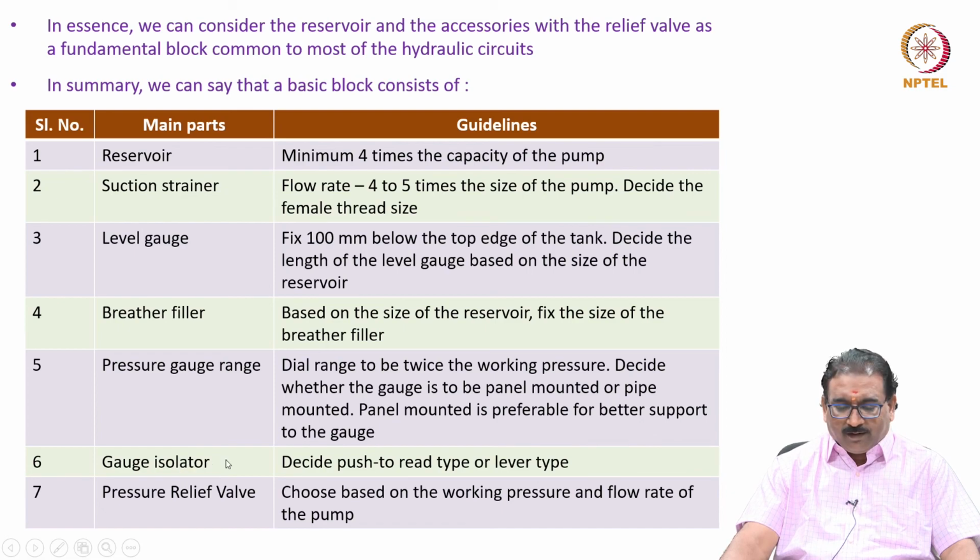Gauge isolator, decide a push to read type or a lever type. Pressure relief valve, choose based on the working pressure and flow rate of the pump. These are all very important in the power pack.